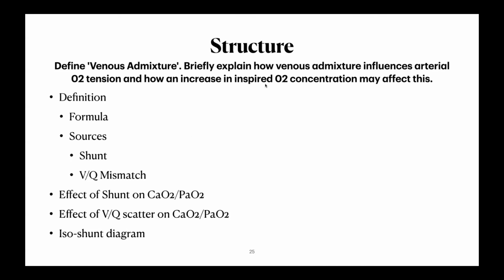And I think the last one would just be a quick diagram with the IsoShunt diagram, which will be able to explain how an increase in inspired oxygen concentration may affect this, along with the effect of the different degrees of shunt.